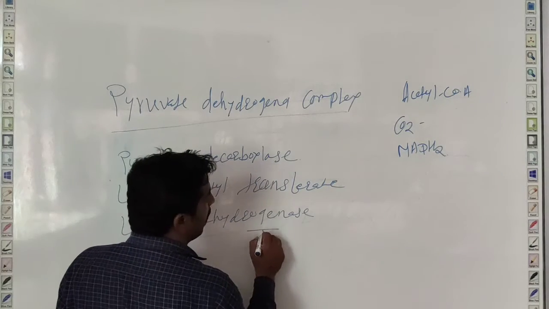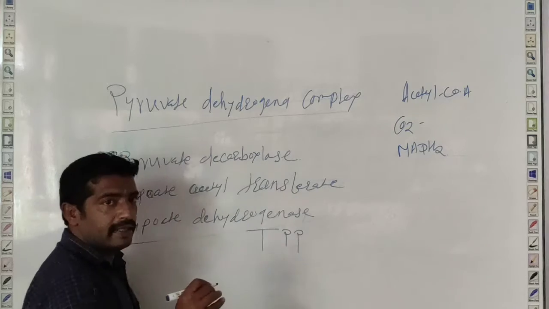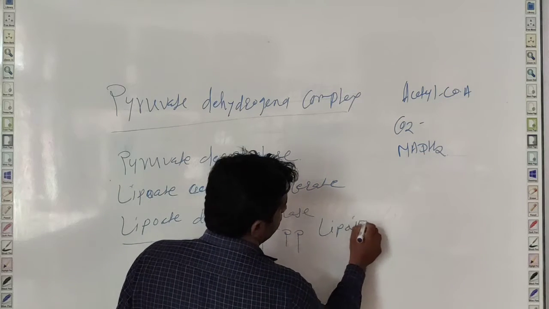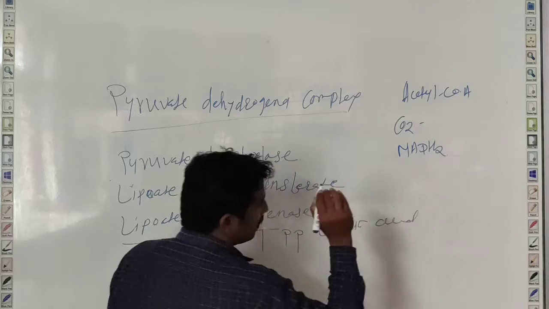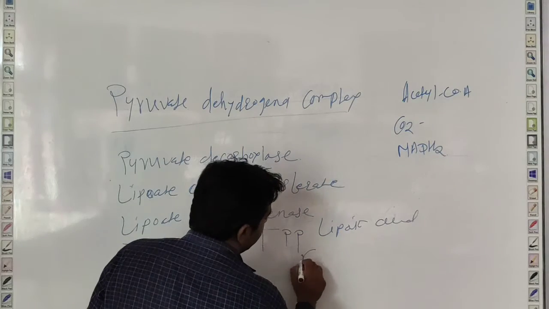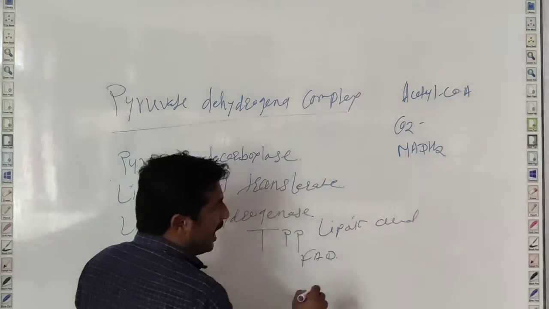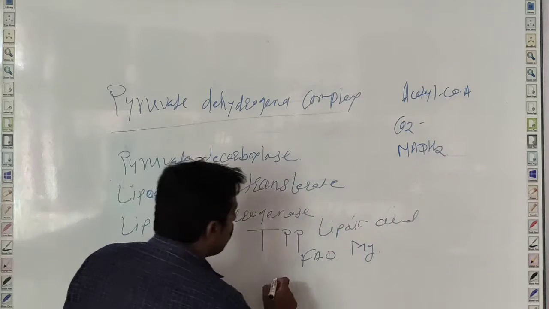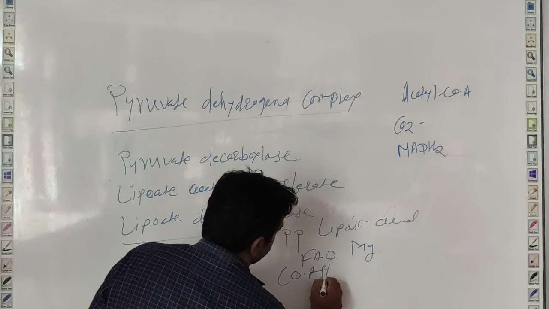These are thiamine pyrophosphate, then lipoic acid, then FAD, magnesium, and coenzyme ASH.